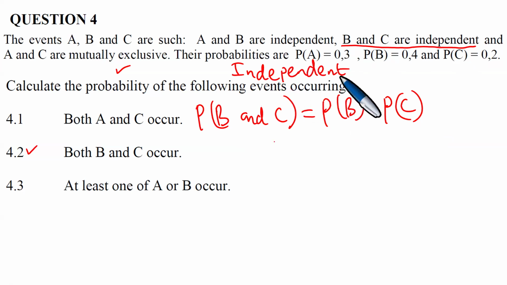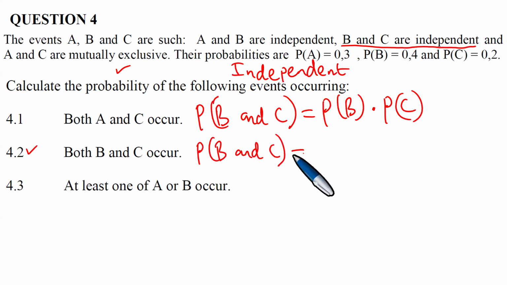Whenever two events are independent, then the probability of both events occurring is the product of the probabilities of the two respective events. As a consequence, we know that B and C are independent, and the probability of both B and C occurring would be the probability of B times the probability of C. However, we know the probability of B and that of C, they were given to us.